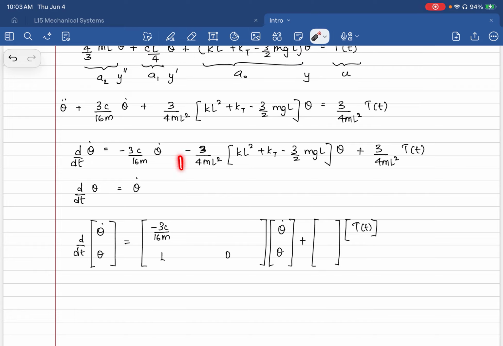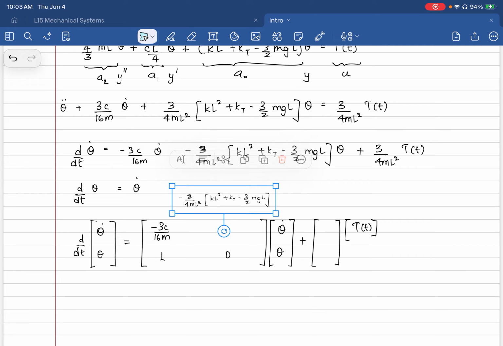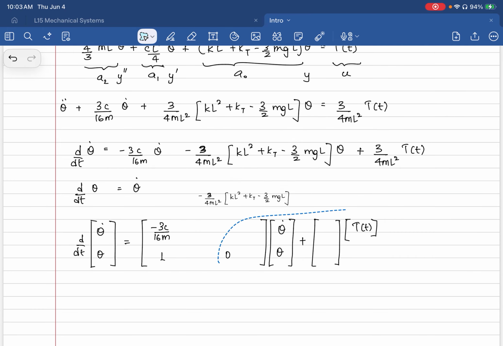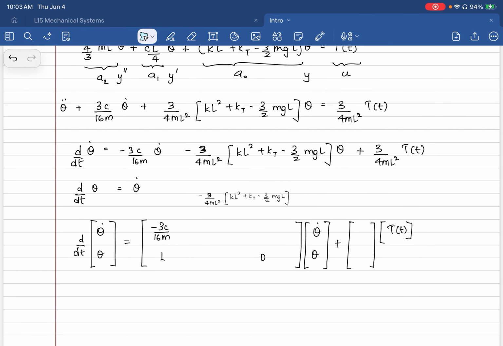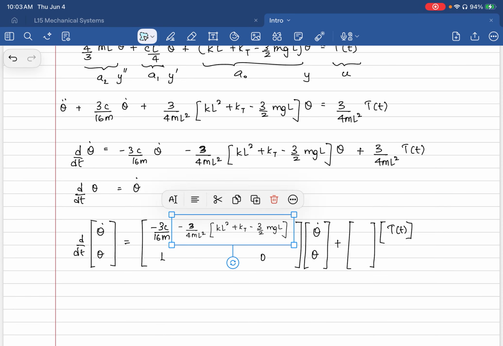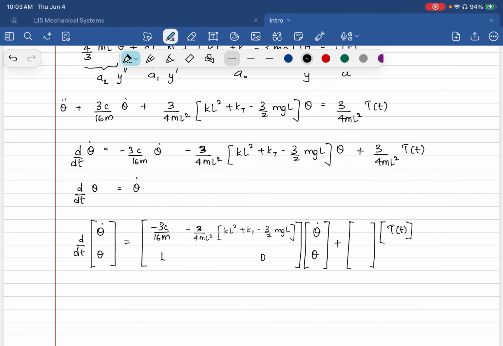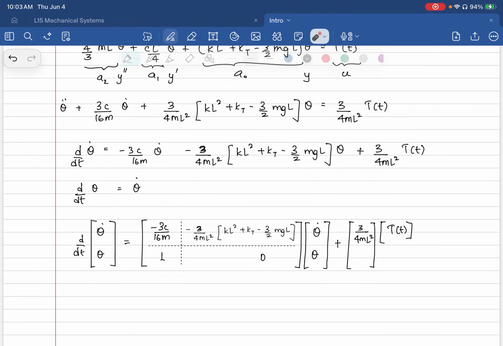And then I have this as a coefficient for this one. To make it clear, I'm going to draw these guidelines. Okay, and then you have 3 over 4 ml square here. And this equation didn't have any relation with tau of t, so there's 0 there.